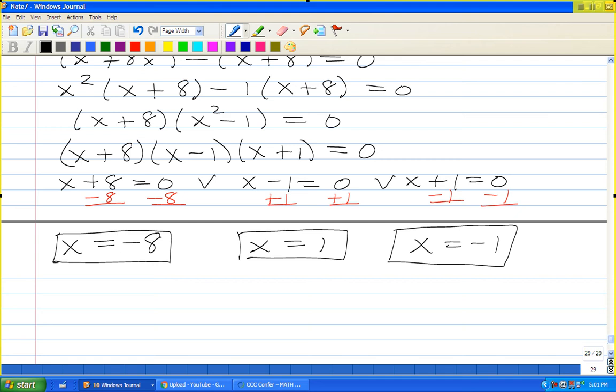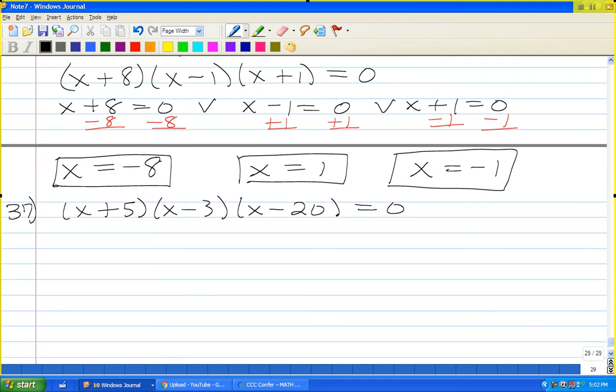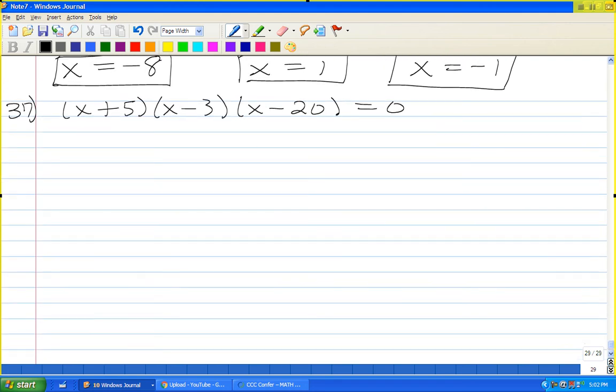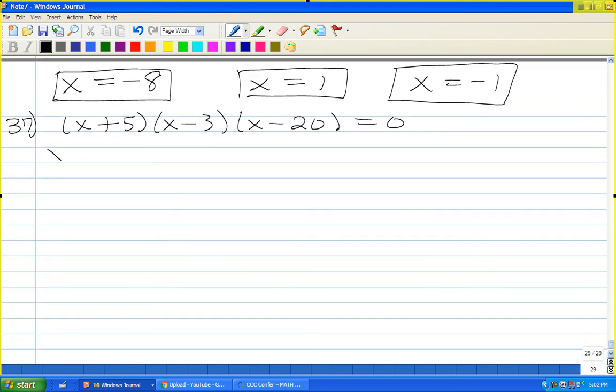Let me do problem number 37. x plus 5, x minus 3, x minus 20 equals 0. So by the zero factor property, let me set each of these to 0 and solve for x.